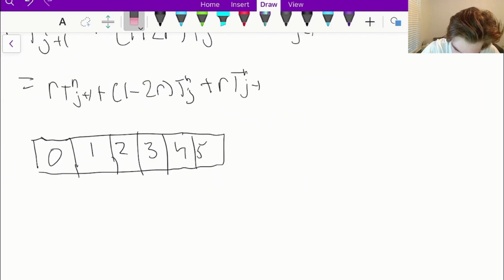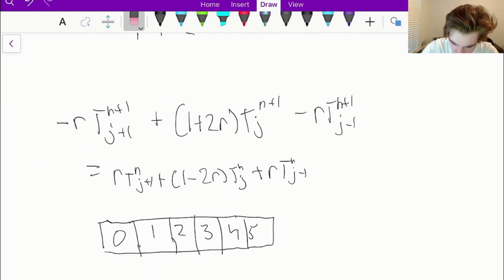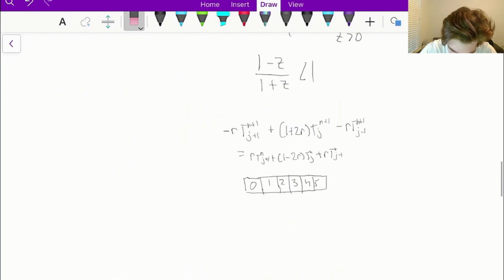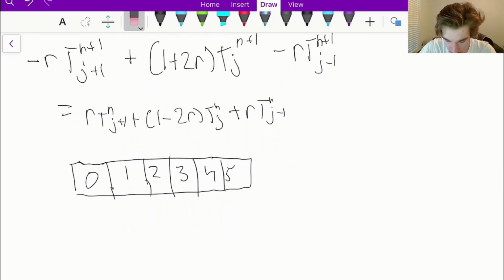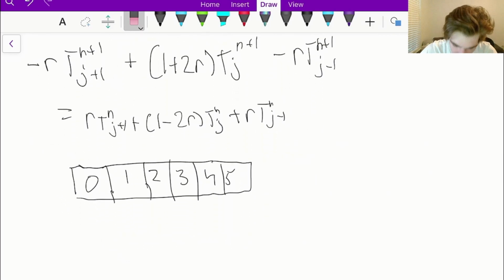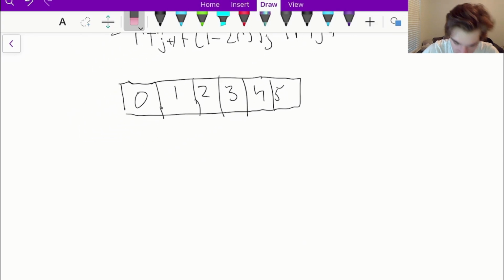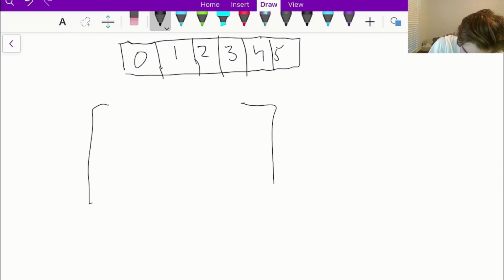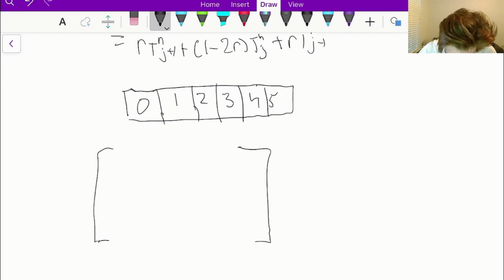So what we do, we have this equation I got from right above, from the Crank-Nicholson. So what we have is we're going to be creating the two matrices. So one on the left side, we got this right here, and this will be happening at, we'll say, T1, T2, T3, T4.